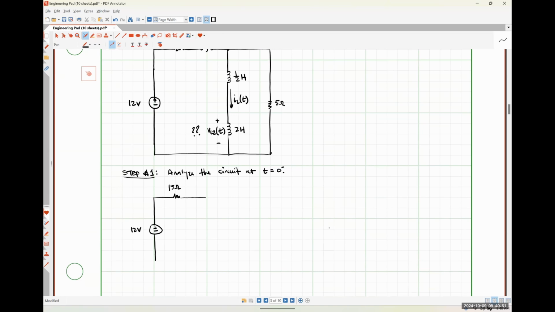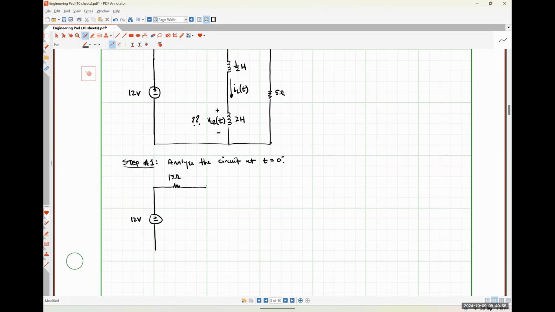Okay. So we're replacing them by short circuits because we're at DC steady state. So here is our current IL at 0 minus. And then over here on the outside is our 5 ohm resistor.